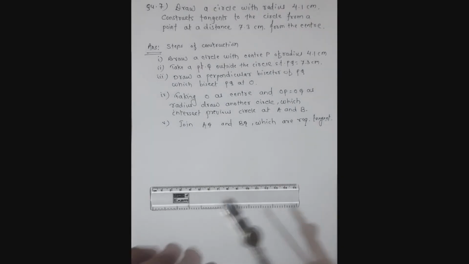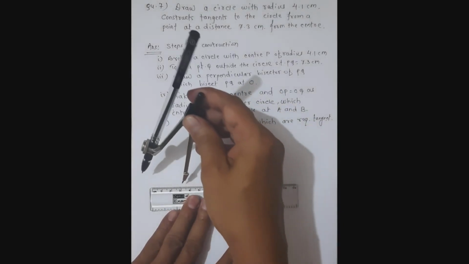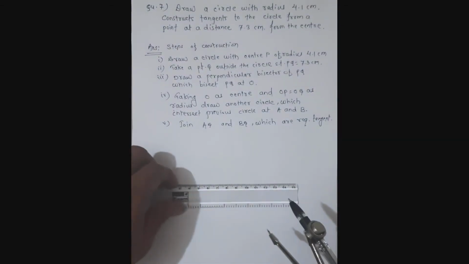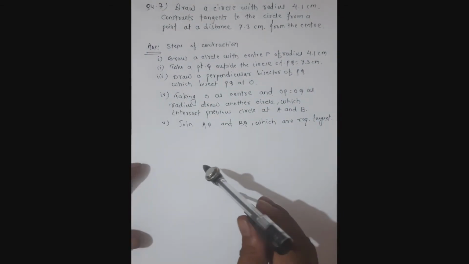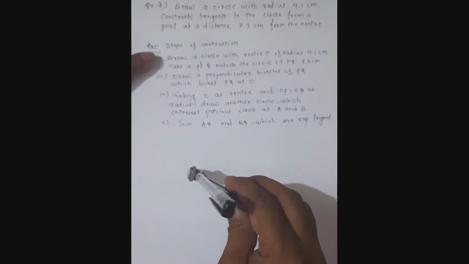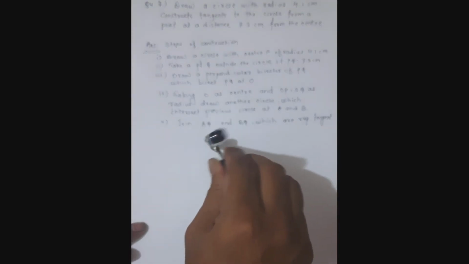So first we take with the help of a scale a radius of 4.1. So here in the compass we take distance 4.1. Following this first step, we draw a circle.